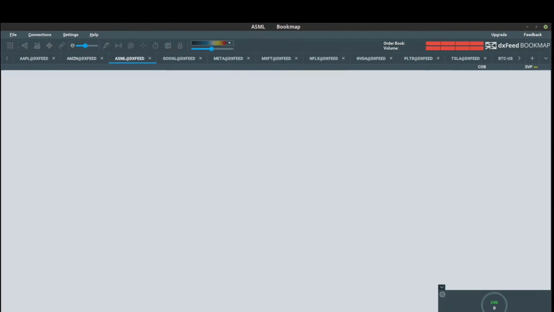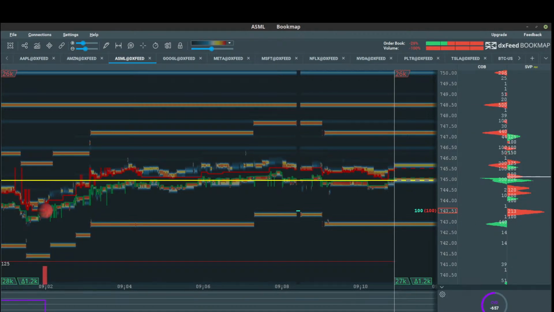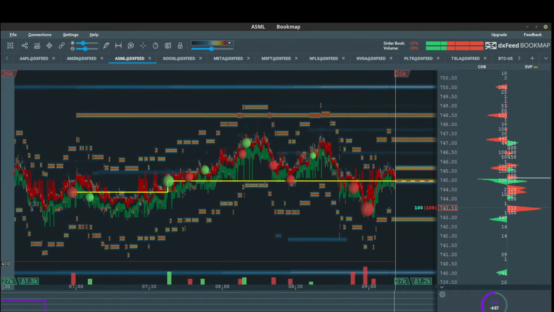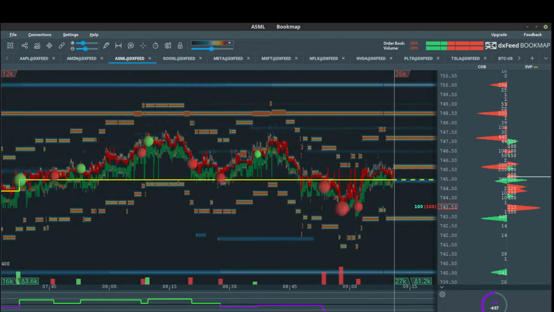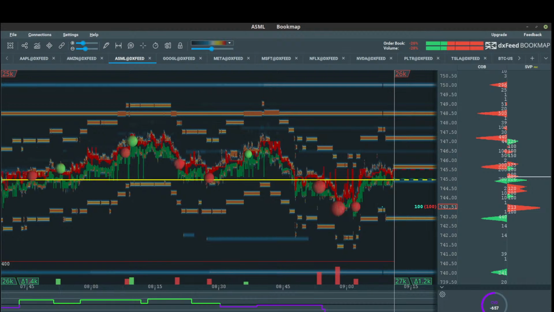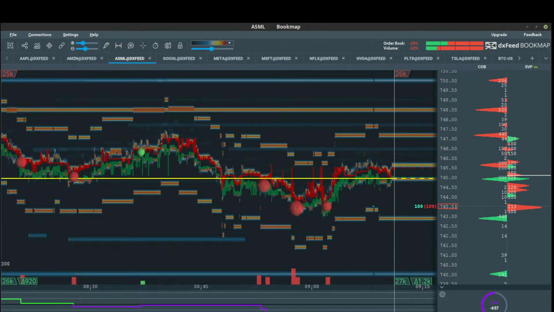Then we have ASML. ASML looks a little bit choppy here. It's up just about 0.4% pre-market, and just a little bit of a thinner order book if you compare ASML, because I believe it's an ADR here.